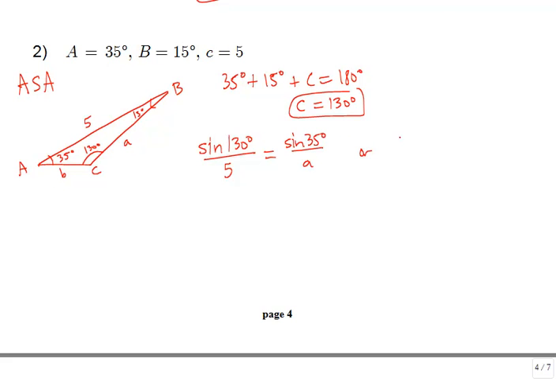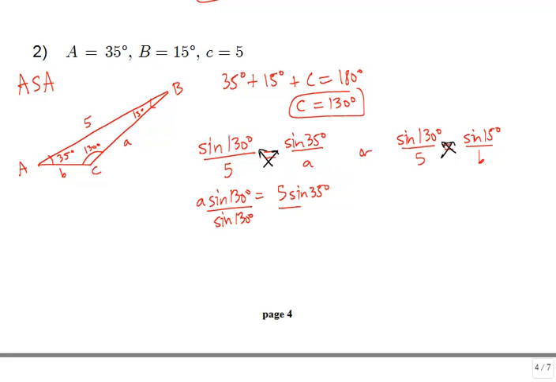Or I could do sine of 130 degrees over 5, again that combination that I know goes together, is equal to sine of angle B, which is that 15 degrees, over side B. So these are the two proportions that I'm going to need to solve, and I'm going to do them by cross multiplying. So I'm going to get A sine of 130 degrees equals 5 sine of 35 degrees. And then if I divide both sides by sine of 130, we're going to get our value for A.